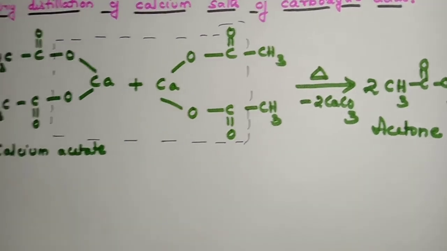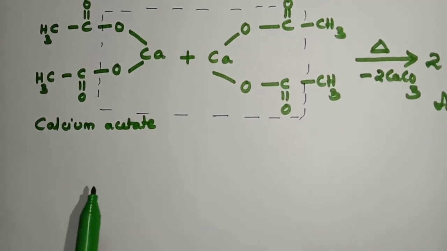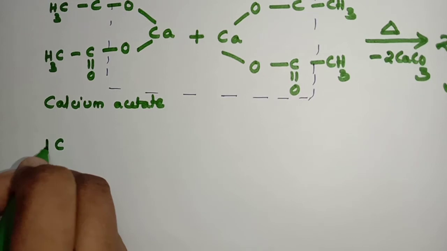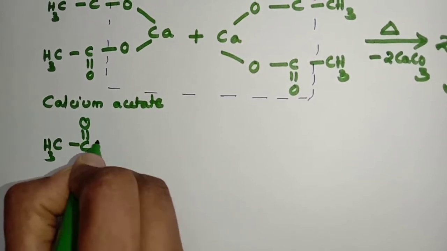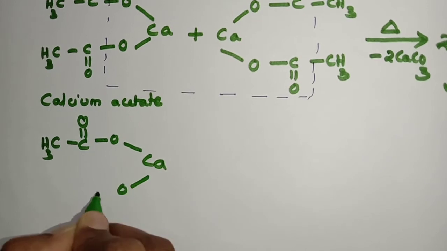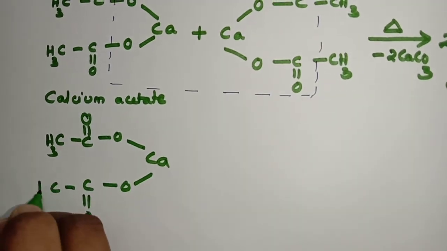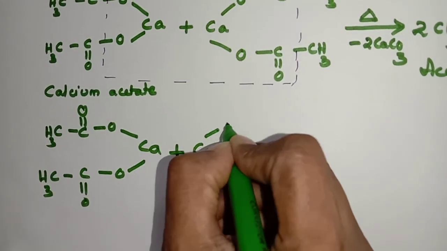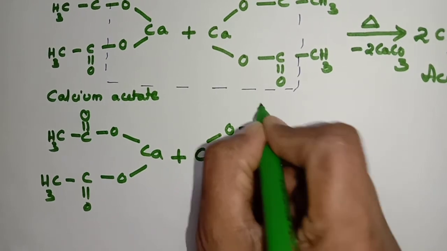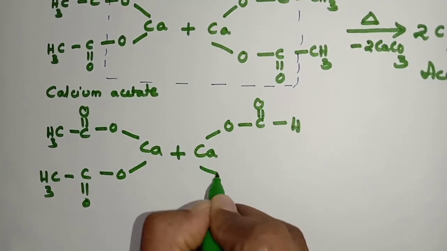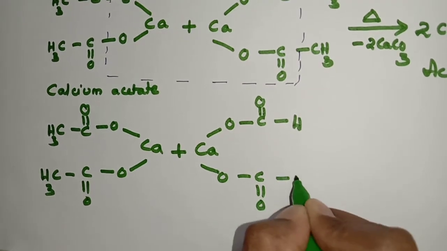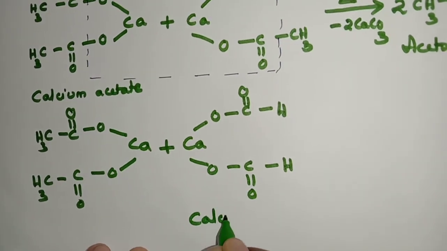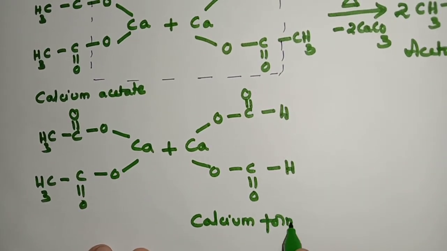Okay. So now, how to prepare acetaldehyde using the same method? I will show you. Taking again calcium acetate, but here we change the other compound to Ca, O, C double bond O, H, O, C double bond O, H. This is the calcium salt of formic acid and it is called calcium formate.